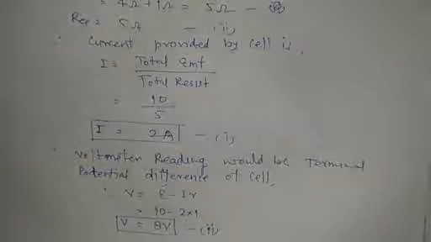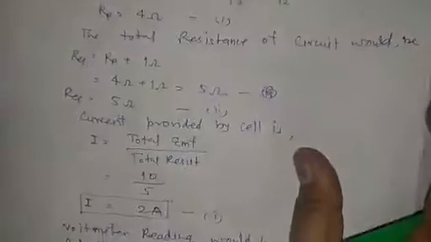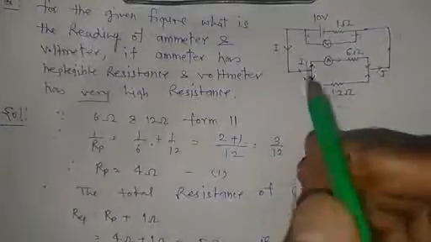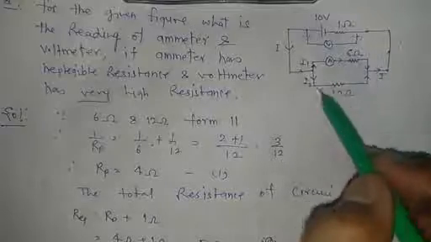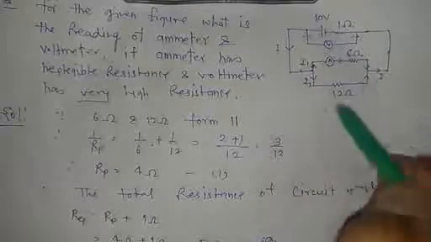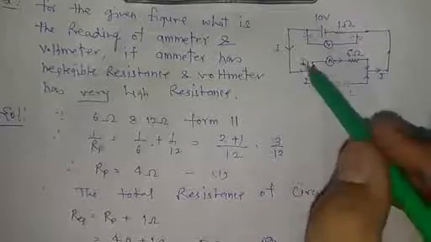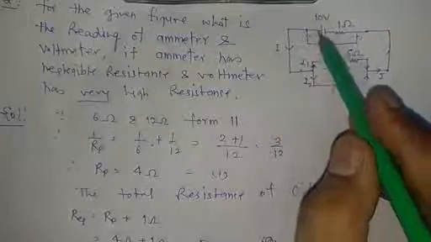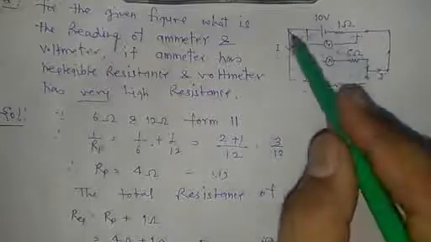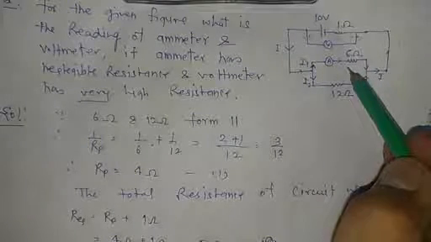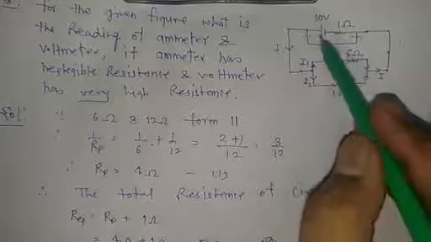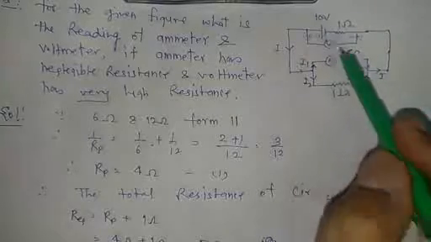I hope it's clear. Now let us see the reading of the ammeter. As you can see, the combination is connected with the cell, as well as the individual resistance has been connected directly to the cell.